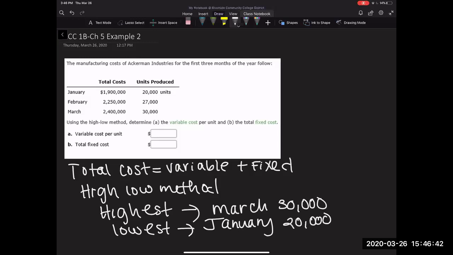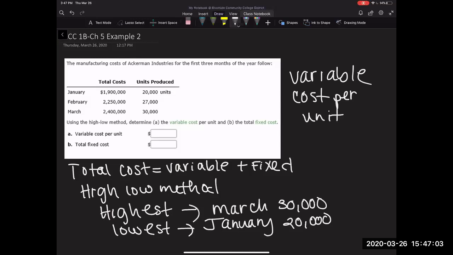All right, so now we're going to focus on calculating the variable portion of our formula, trying to come up with a formula to predict cost. Using the high-low method, we're first going to come up with our variable cost per unit, okay?